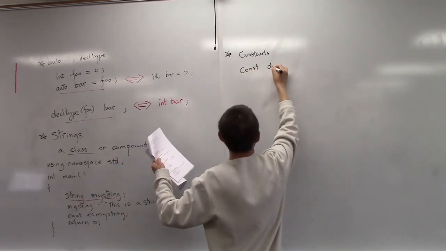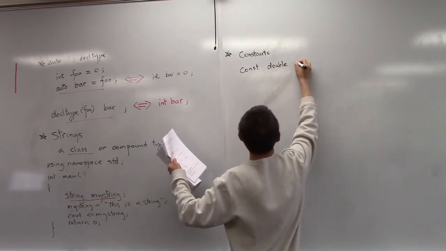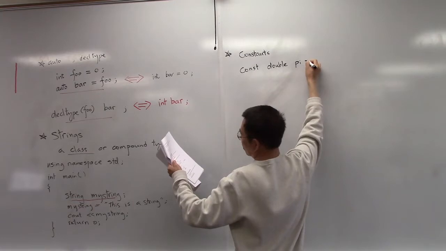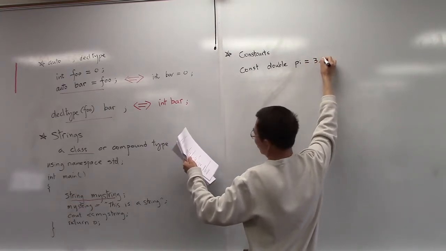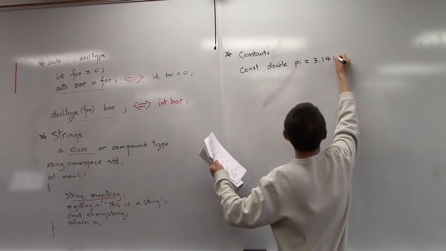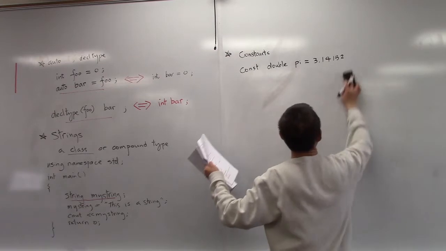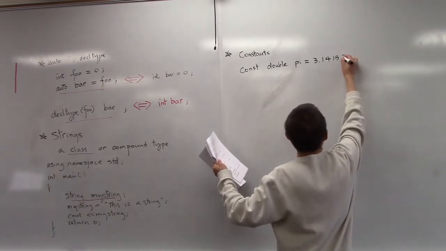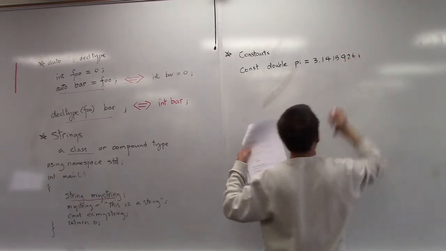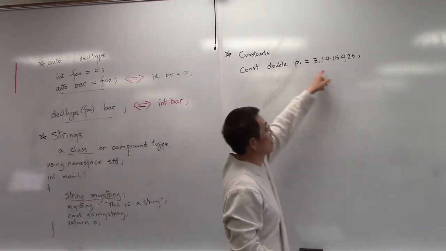We want to use this as double type, and then pi equals 3.14159265. That will be the constant.